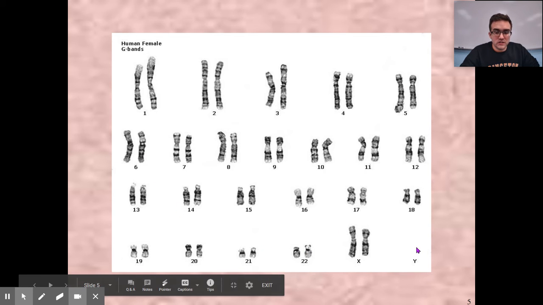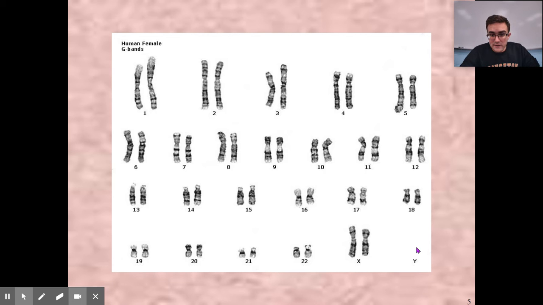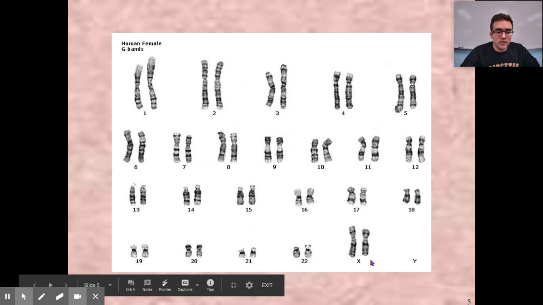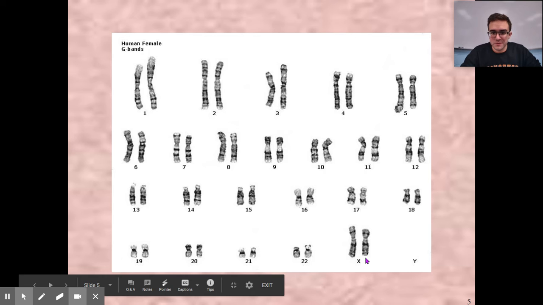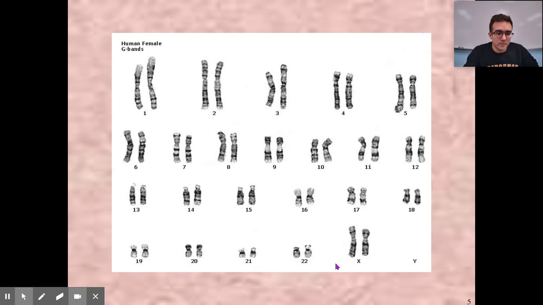And then here are your X and your Y chromosomes, or your sex chromosomes. We call this a karyotype. This chromosomal picture has two X chromosomes, indicating a female. So this is a human female, because, one, they tell us, and two, because they have 23 pairs of chromosomes with two X's. That indicates a human female.